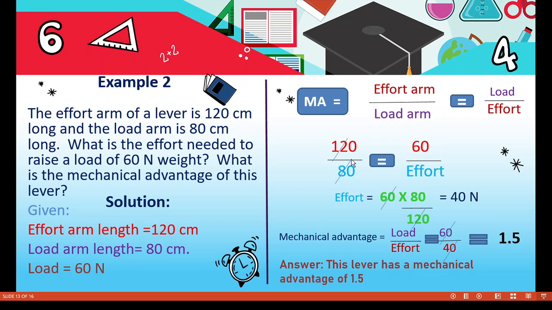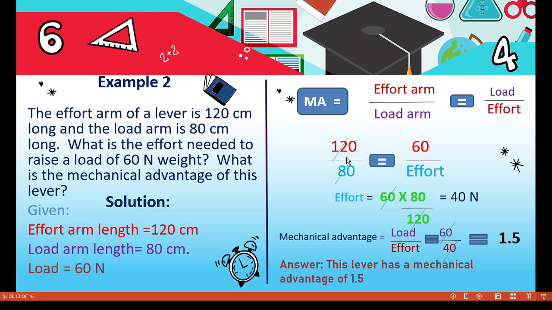It will just turn its ratio upside down. That means the denominator 80 becomes a numerator, and the numerator becomes a denominator. So when this 120 by 80 goes to the right hand side, it just becomes 80 by 120. So it is nothing but simple mathematics, a cross multiplication.